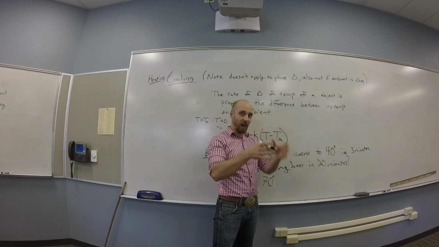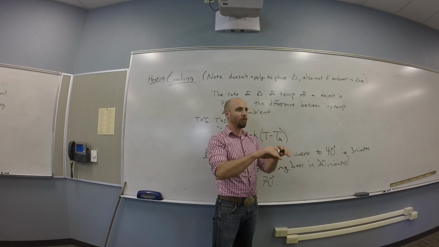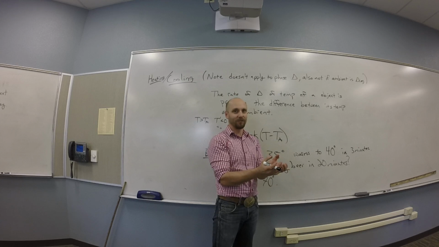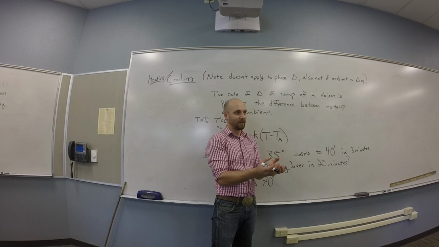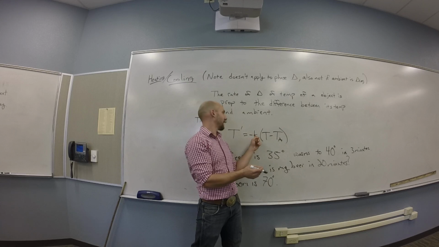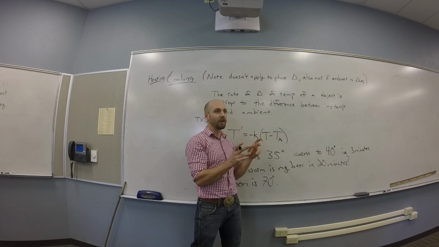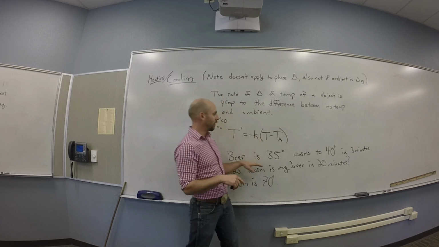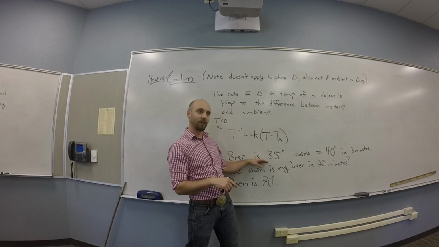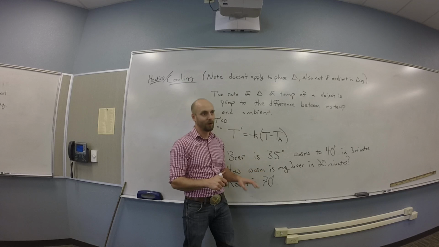One is composed entirely of little aluminum fins, and the other one is a solid stone with a wrapper of insulation. One of those is going to lose heat a lot faster than the other. Even though Newton's law of cooling holds in both cases, it's that K that's changing there. You guys see that? So you need to know one of two things. You either need to know some information about your object and the temperature of the room, or you need to know some different information about your object.